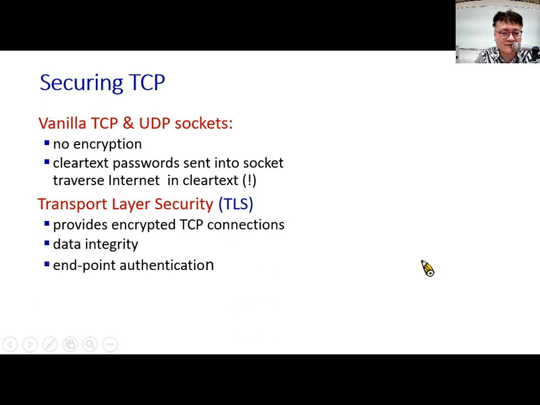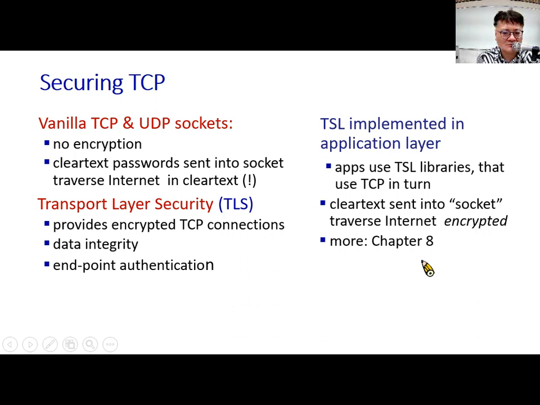We also have to provide data integrity and end-point authentication. TLS is implemented in the application layer. The application uses the TLS library, which in turn uses TCP. Clear text is sent to the socket, and it is transported over the internet encrypted.